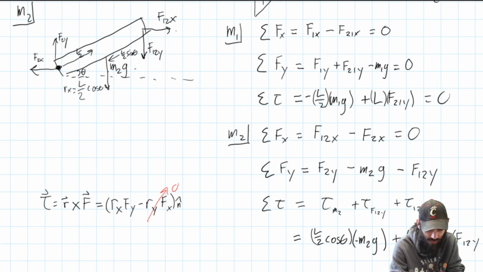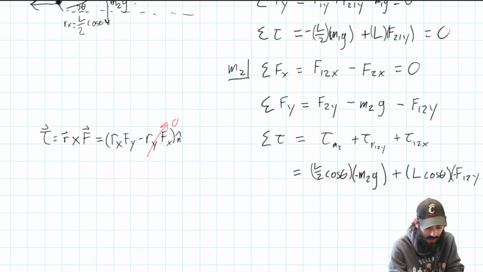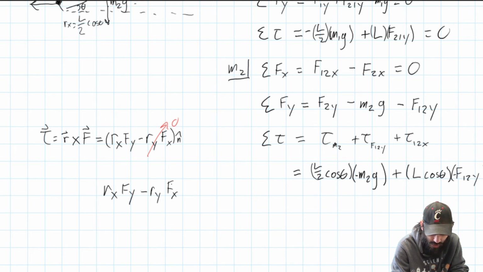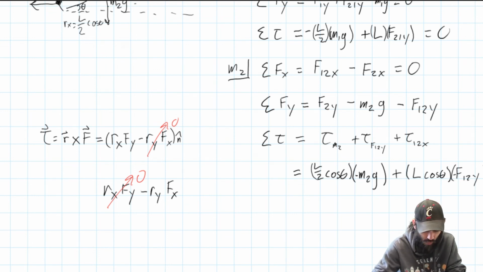Well, this one's a little bit different, right? Because for F12x, this is going to be, again, Rx Fy minus Ry Fx, and the force is only in the x direction. So this term for this one is 0, and now we just have minus Ry.